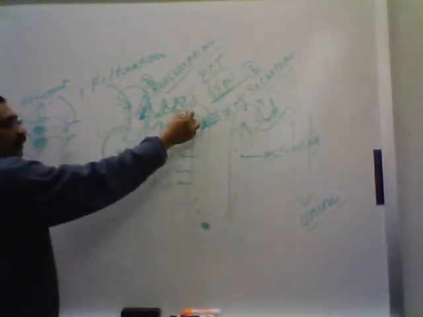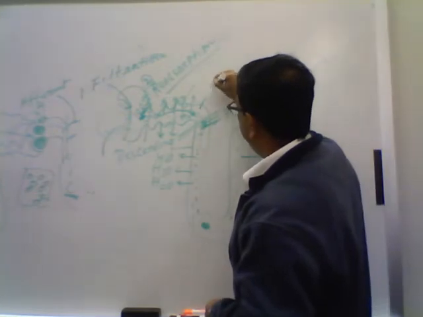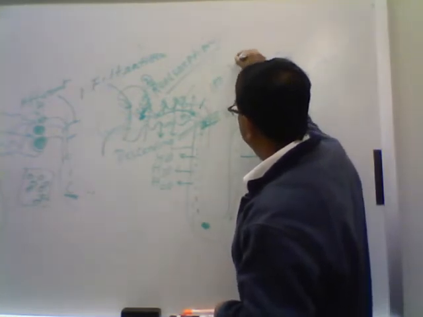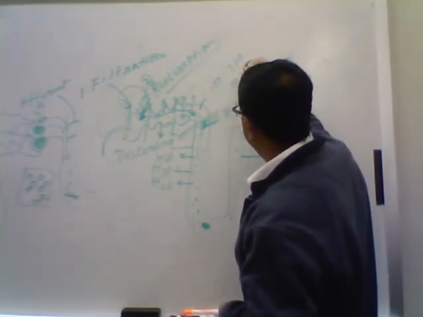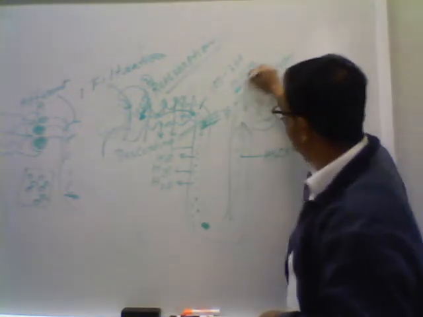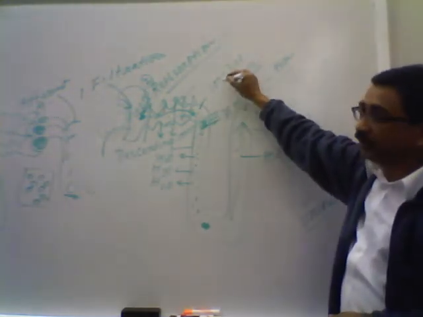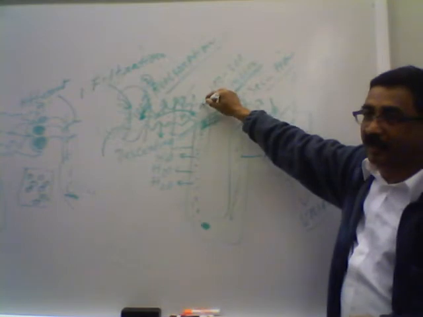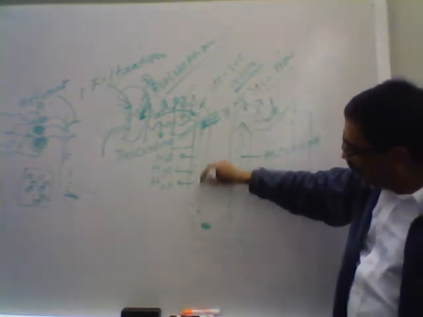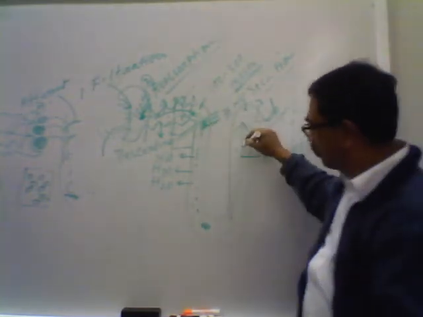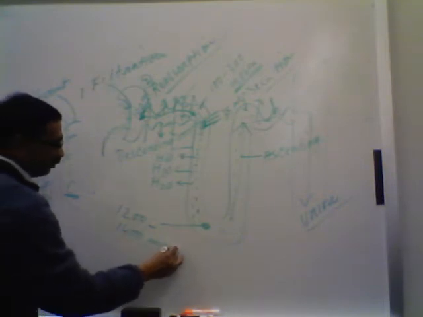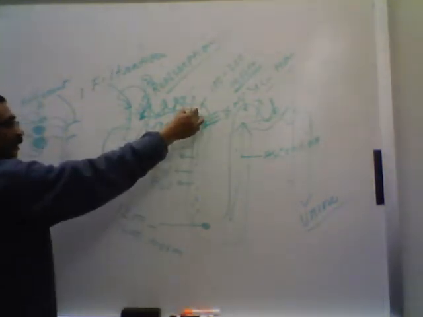So here the concentration is 100 to 300 milliosmol. That is the unit of concentration. Okay. So 100 to 300 milliosmol is here. But when the fluid reaches here, in the bottom of long loop, the concentration here is 1200 to 1400 milliosmol, much higher than here.